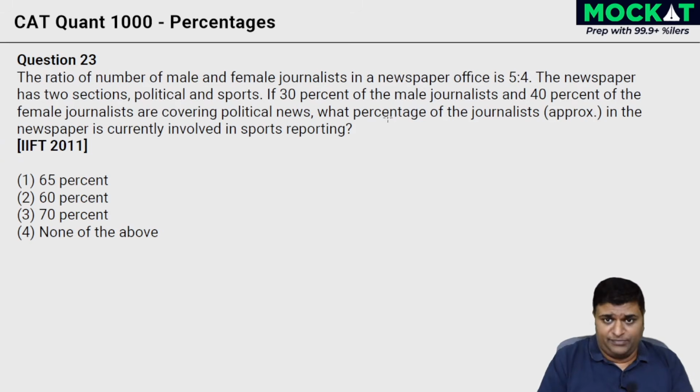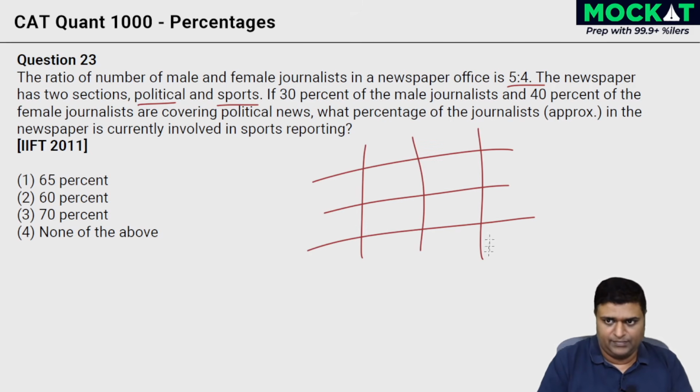The ratio of number of male and female journalists in the newspaper office is 5:4. Quick look once again: male and female journalists, 2 sections, political and sports, 30% of male, 40% of female, all these are given. Straight away we form a table. So we have male, we have female, and we have political, and we have sports. 5:4 ratio, take it as 500 and 400 over here.